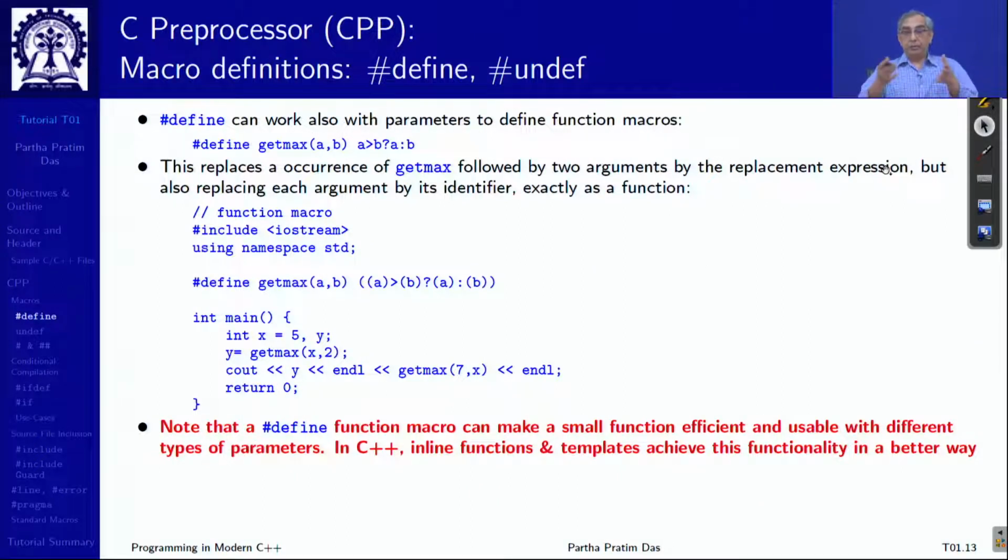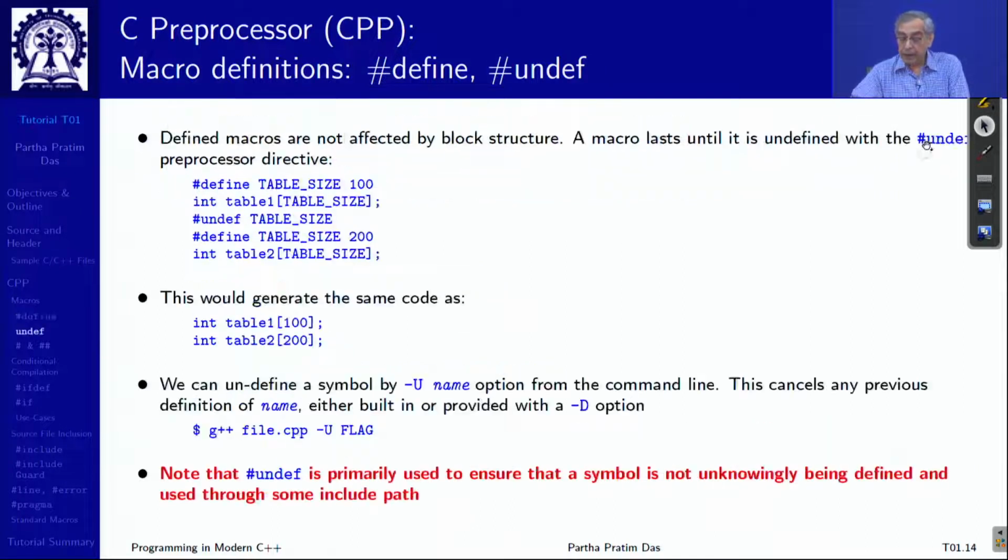Now, you know macro with parameters, there we have discussed in depth. Now, what is important for hash define also is the fact that you can undefine a symbol. I am not sure whether you have seen this before. So, you have defined this and you can undefine it, because once you have defined it, it will always be replaced by that value.